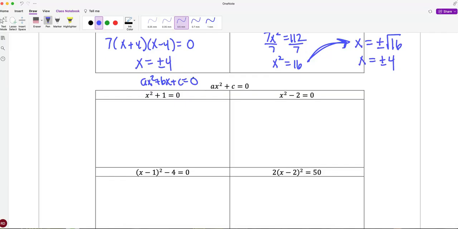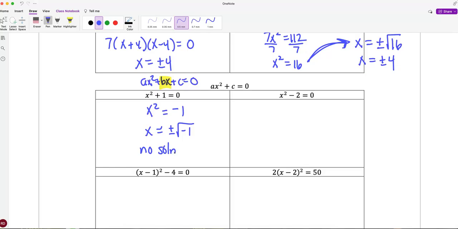But if that middle term, if the linear x term is missing, then you can solve with square roots. Okay, you can get the square term all by itself and take the square root of both sides. So in this case, you would have x squared equals negative 1, x equals plus or minus the square root of negative 1. Now in this class, we're just going to say no solution.